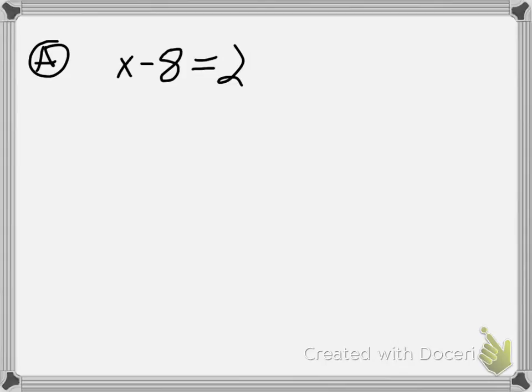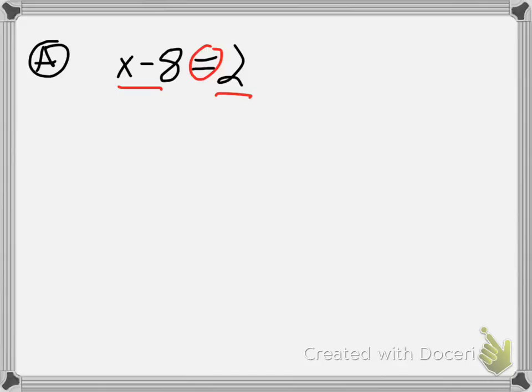Okay, let's look at an example here. We have example A. Example A reads x minus 8 equals 2. Now, in order to solve this, I need to first locate my equal sign. I can see my equal sign right here. I need to keep in mind, as I'm going through here, I have the left side of the problem and I have the right side of the problem, separated by the equal sign.